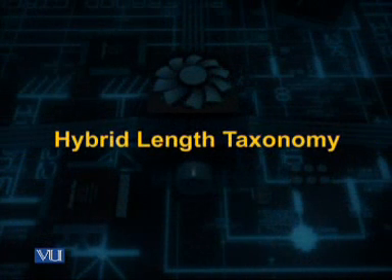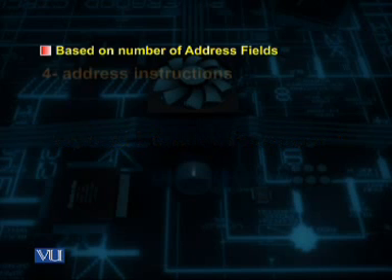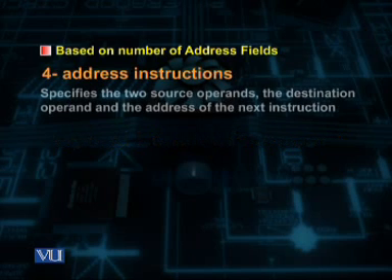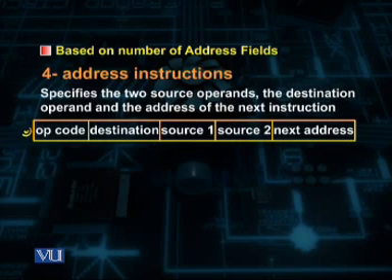The instruction words of hybrid length may be of different types. For example, the simplest one is known as the 4-address instruction word format. In the 4-address instruction word format, the first field is used to define the opcode.